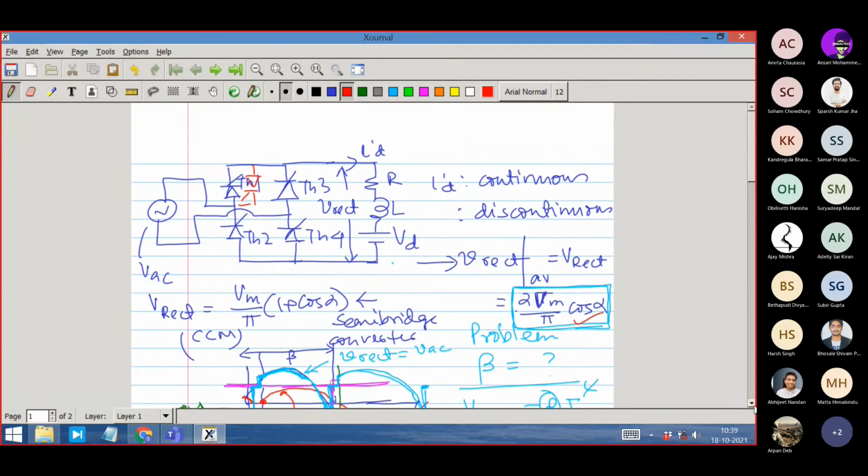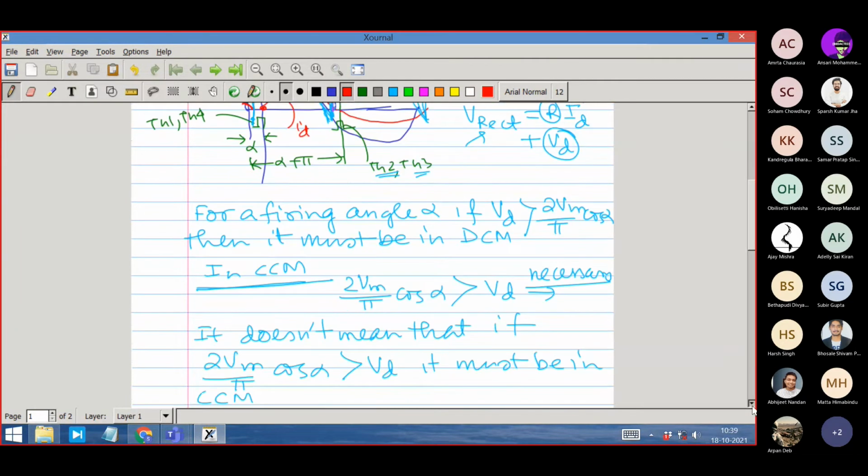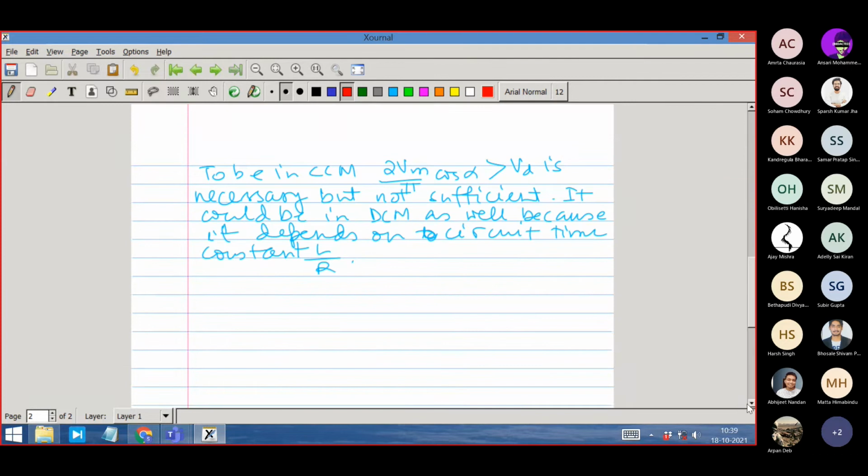So the issue that we are dealing with is how do I know the circuit is in CCM or DCM? It is difficult. It is not as easy as the DC to DC converters we have analyzed earlier. It requires more intuition, and the intuition has 2 simple guidelines.